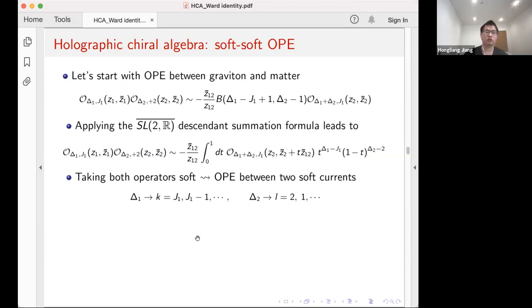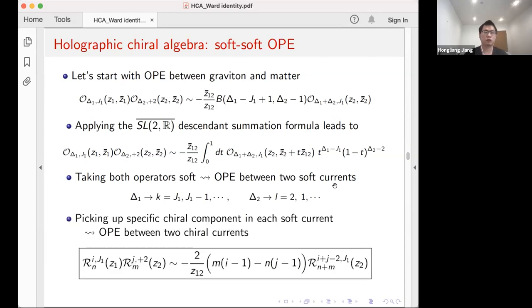But our final interest is the OPE between two chiral currents, which are the components in this soft current. So we need to pick up a specific chiral component in each soft current, and this will finally give us the OPE between two chiral currents. In terms of this rescaled calligraphic R, the current OPE is relatively simple.